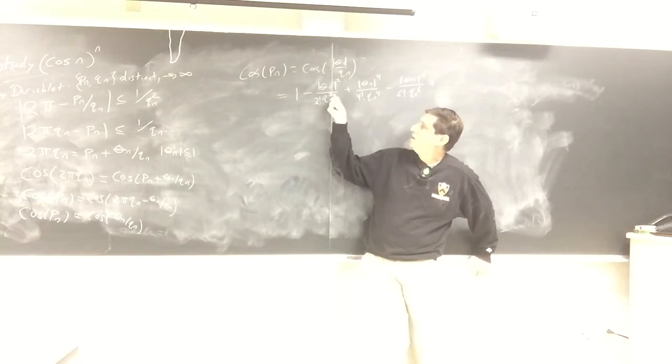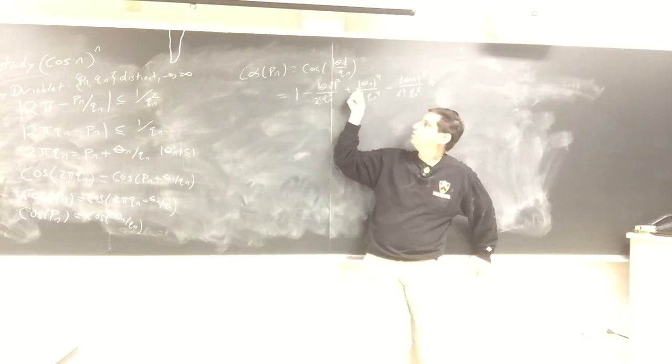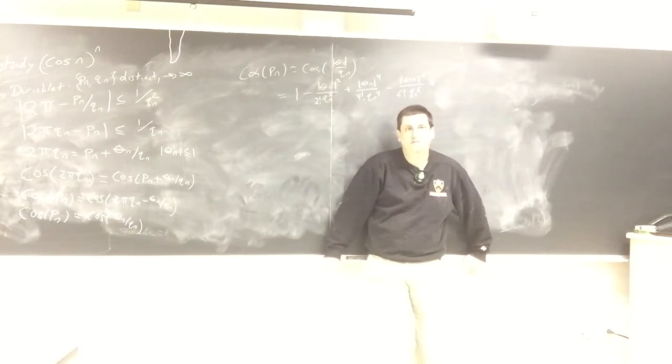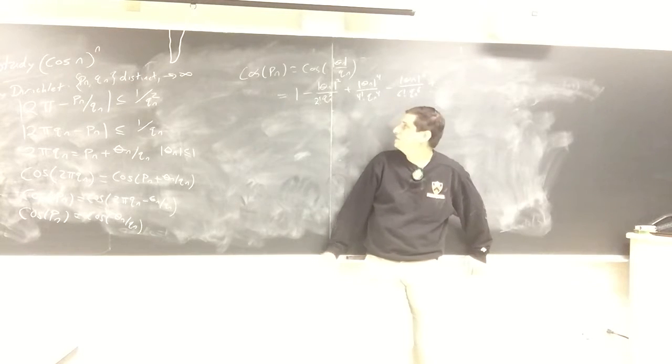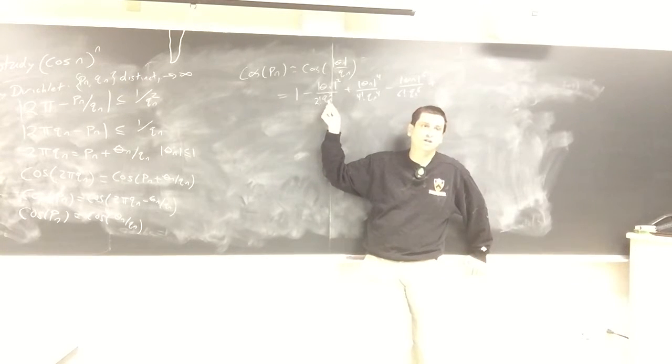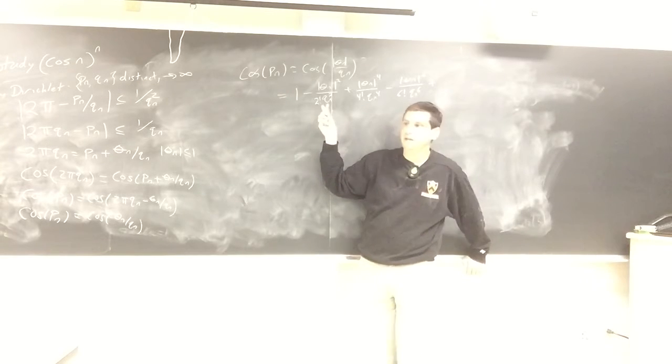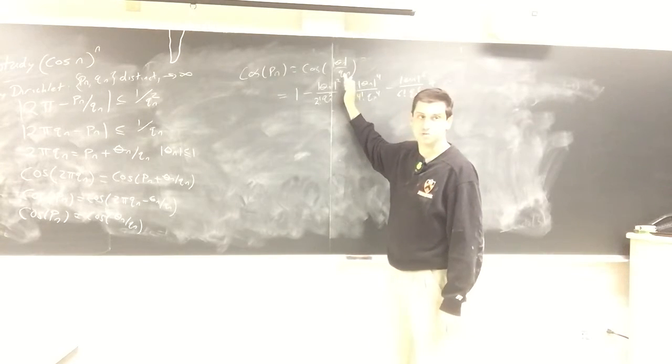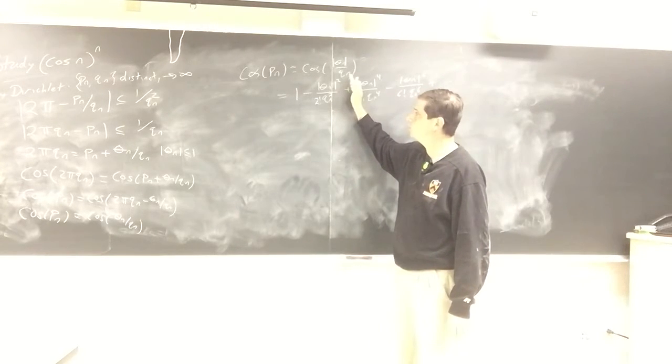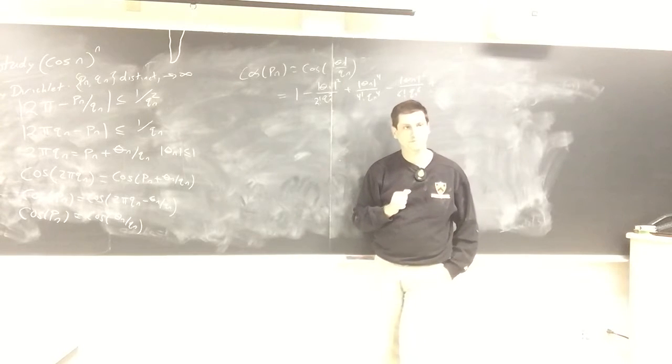Well, when theta n is really, really small, if I truncate here, is what I truncate positive or negative? So say theta n over qn is a really small positive number. If I truncate my cosine expansion here, do I get an upper bound or a lower bound for the cosine?